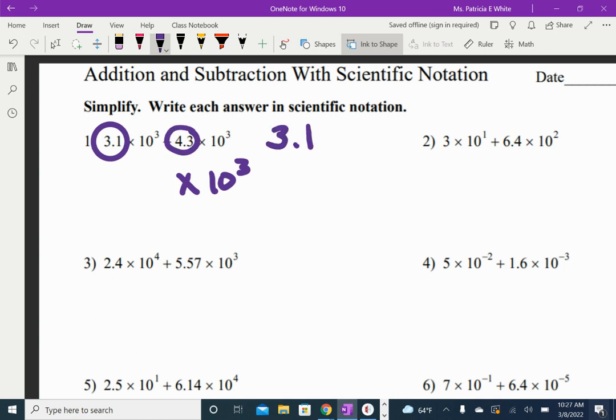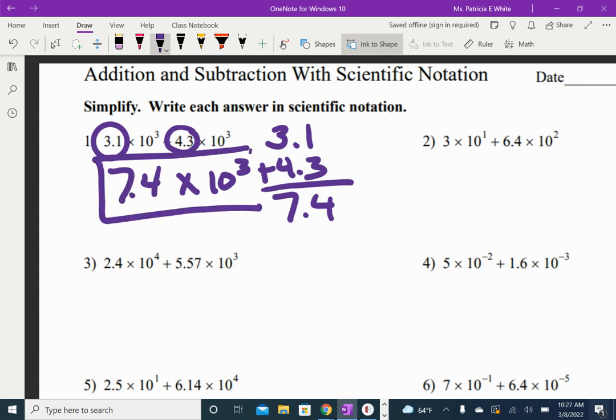So 3.1 plus 4.3 equals 7.4. So my answer is 7.4 times 10 to the third power. Okay, got to have the same exact exponent. If you don't, you cannot add them.